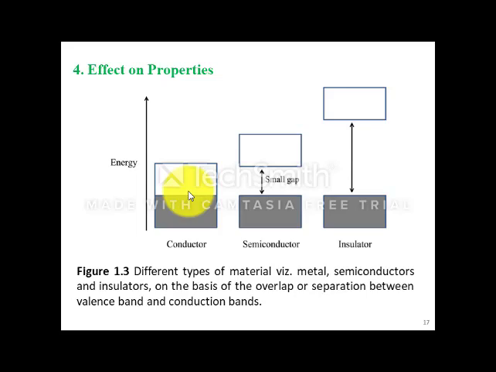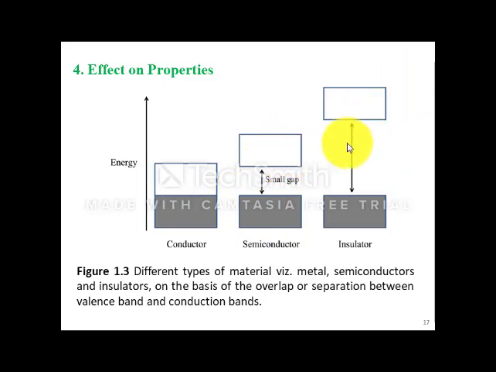The first one is the conductor, where there is no gap between the valence band and the conduction band. This gray area is valence band and this empty area is conduction band. However, in semiconductors we can see there is a small gap between valence band area and conduction band area.